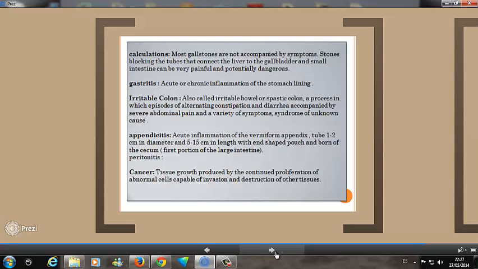Peritonitis. Cancer. Tissue growth produced by continued proliferation of abnormal cells capable of invasion and destruction of other tissues.